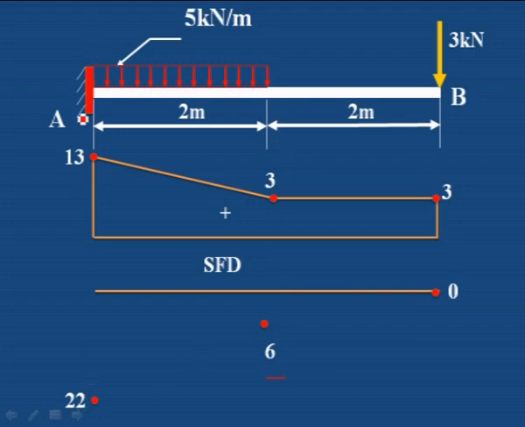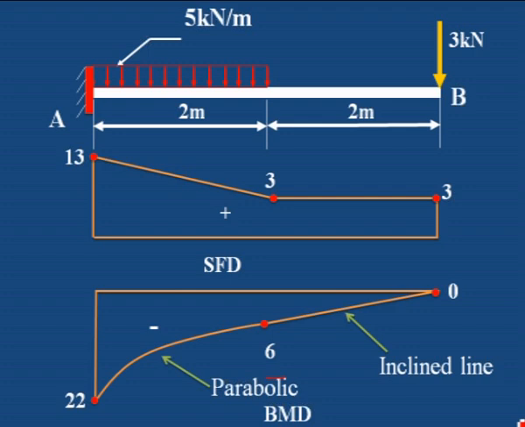And then at A point, 3 into 4 plus 5 into 2 into 2 by 2, that is 22 kilonewton meter is the bending moment at A. Then join them. From B to C is an inclined line, then it is a parabolic line because it is a uniformly distributed load. This is the bending moment diagram for this particular case.